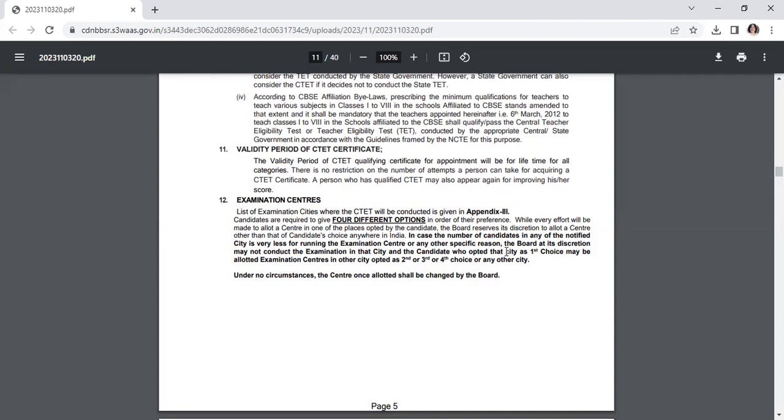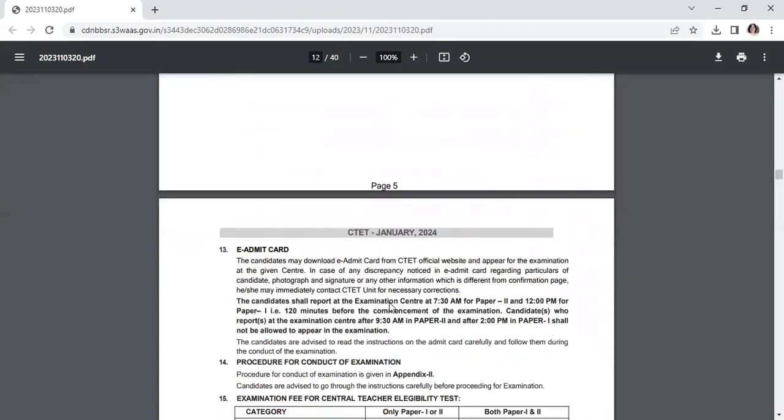The board, at its discretion, may not conduct the examination in that city, and the candidates who opted for the city as first choice may be allotted examination centers in the other city opted at second, third, and fourth choice or any other city. Under no circumstances shall the center once allotted be changed by the board.